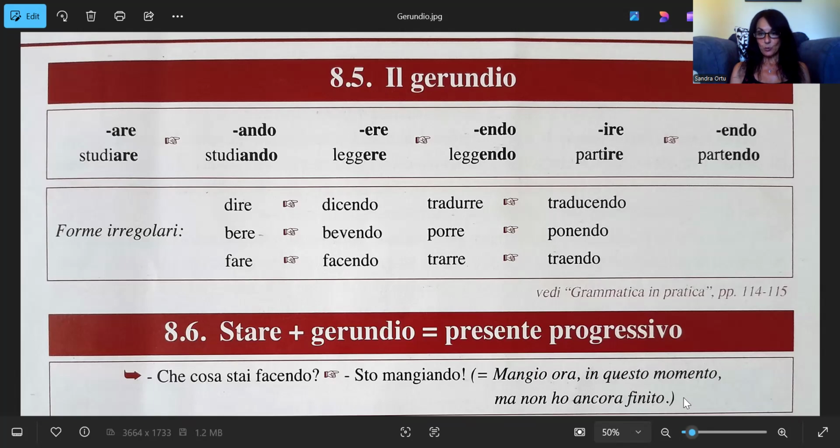Something to be careful of is that in English, this structure, the verb to be plus main verb and ing, like I am going tomorrow, for example, is different from I am going now.